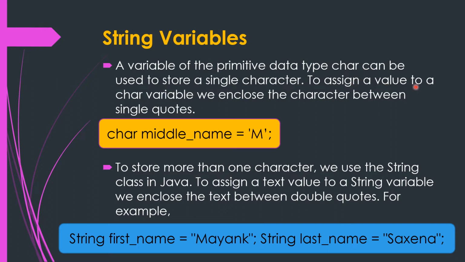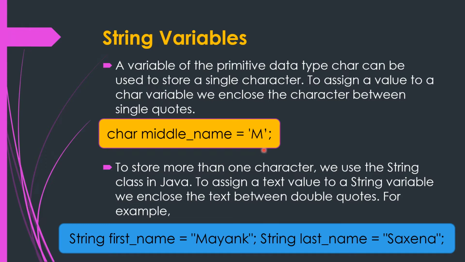To assign a value to a char variable, we enclose the character between single quotes. Like in this example, you can see we have written char middleName equals 'm'.